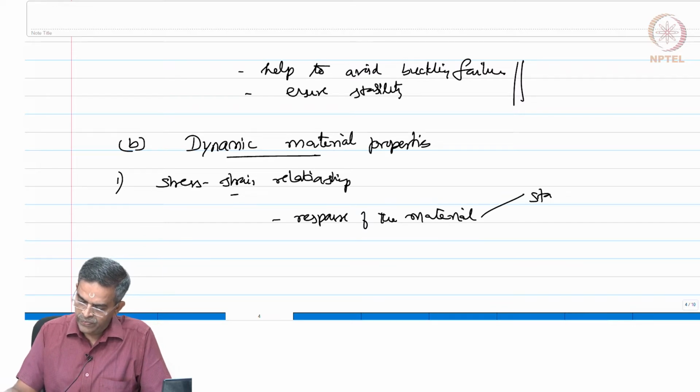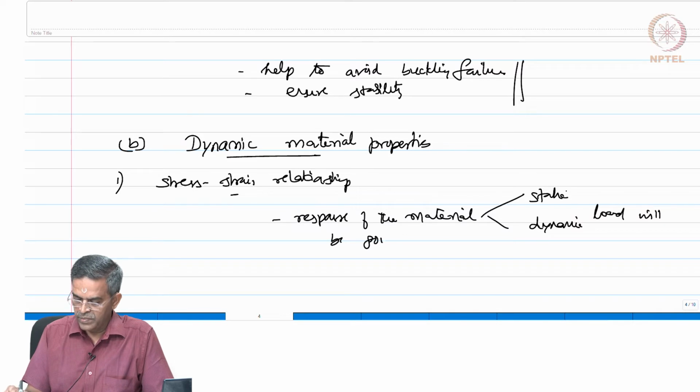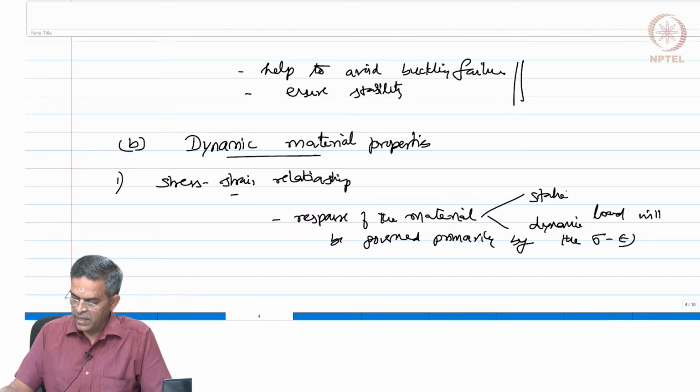Both under static and dynamic load will be governed primarily by the stress strain relationship of the material.